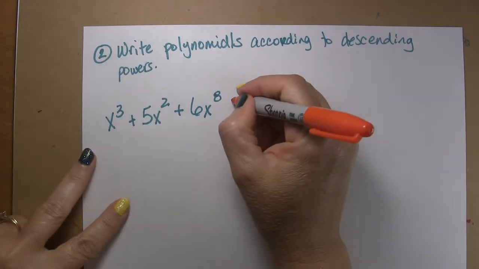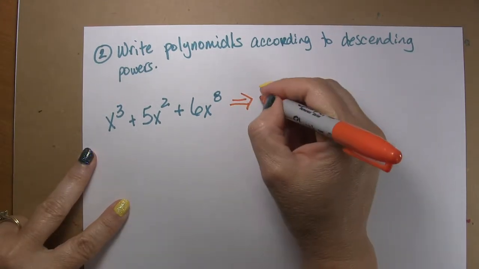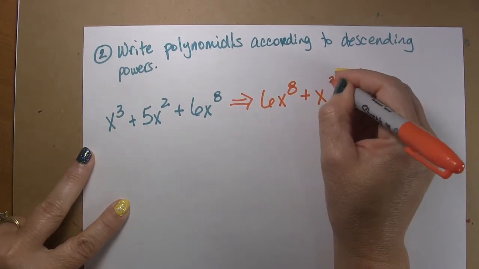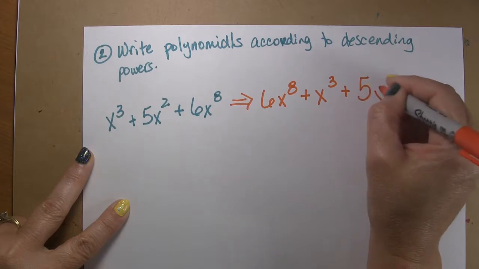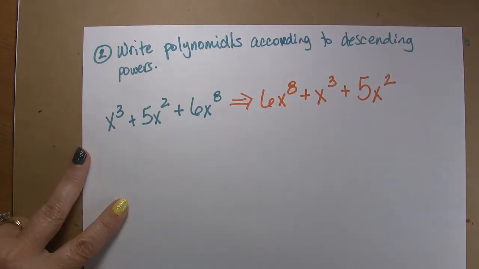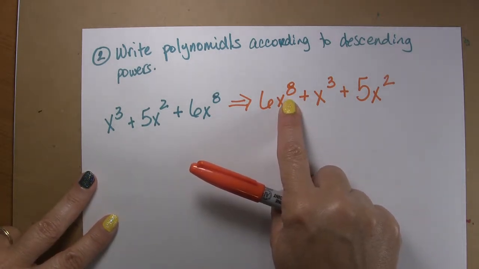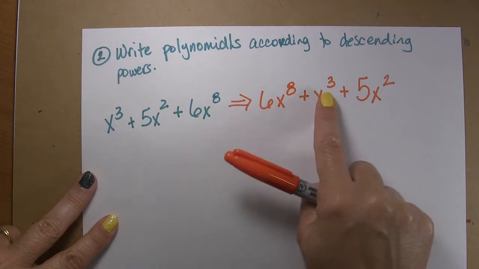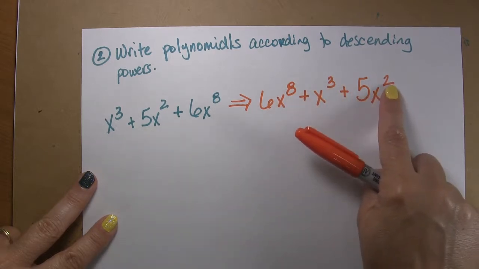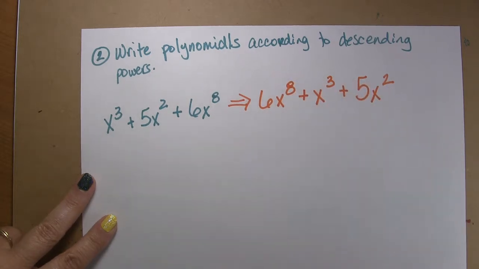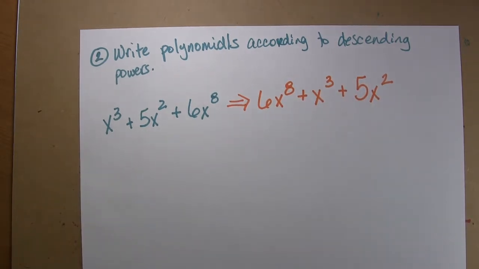Why? Because we should write it like this: 6x to the 8th plus x to the 3rd plus 5x squared. What's the difference between these two? Well, the difference is that here our exponents are counting down. We have 8, which is bigger than 3, which is bigger than 2. So as you move through the polynomial, your number gets smaller and smaller and smaller.